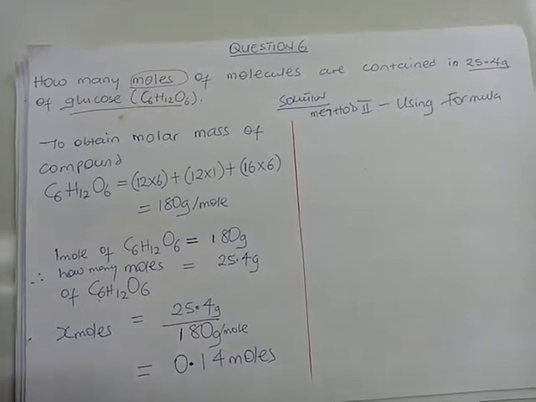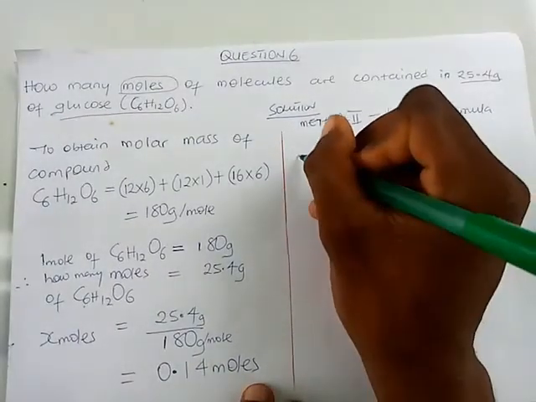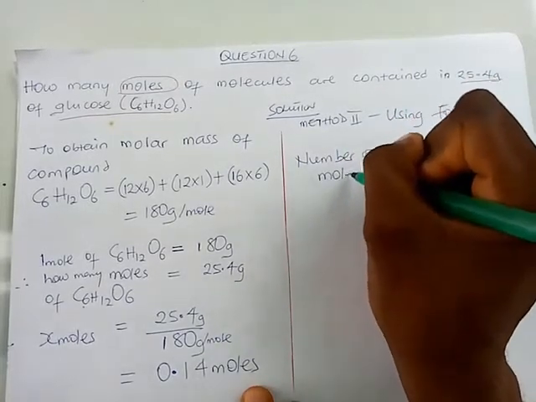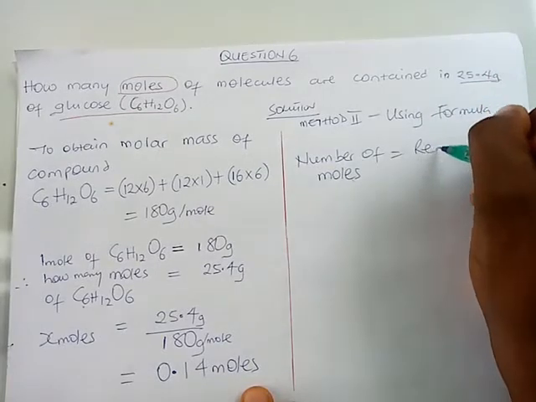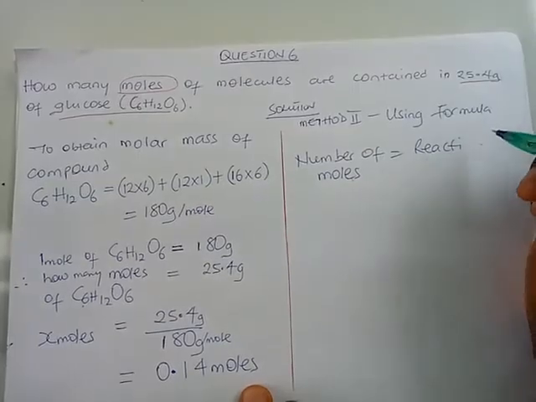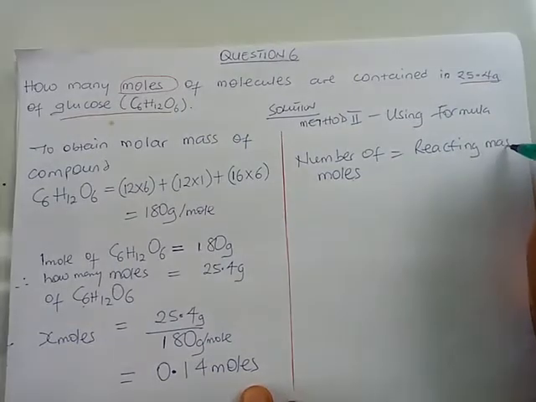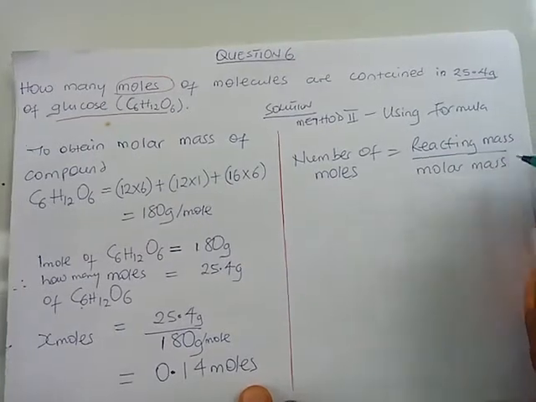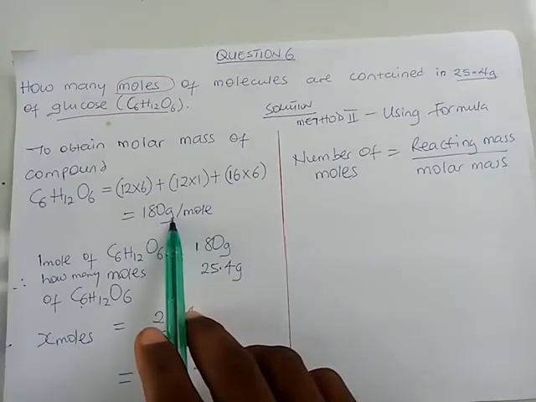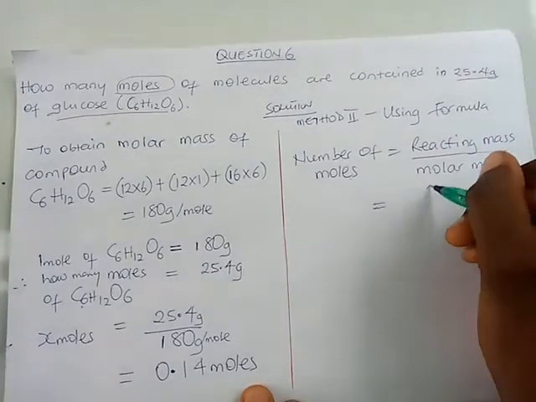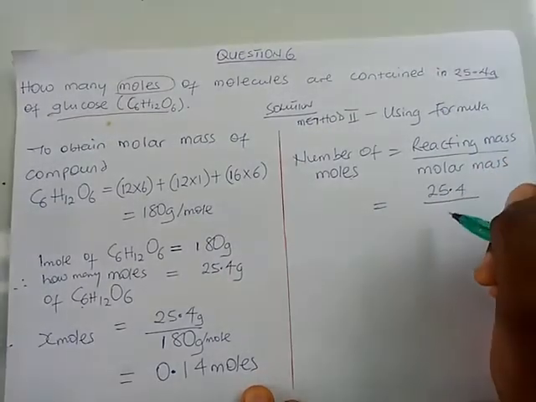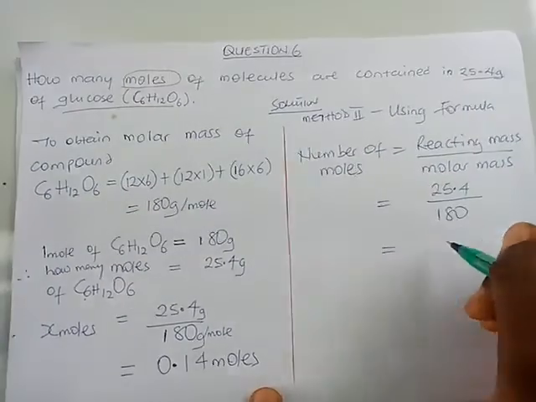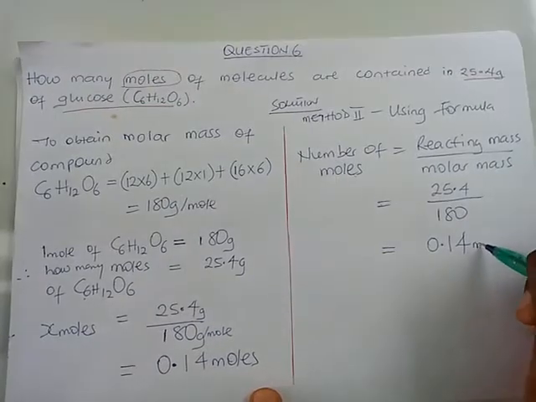So I need to state my formula. Already I've obtained the molar mass, so I'll put in 25.4 all over 180. When I compute that, it gives me 0.14 moles.